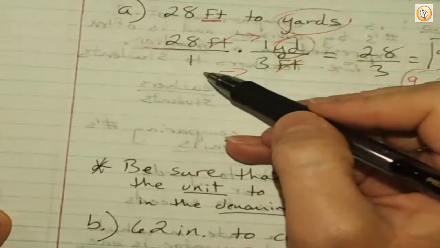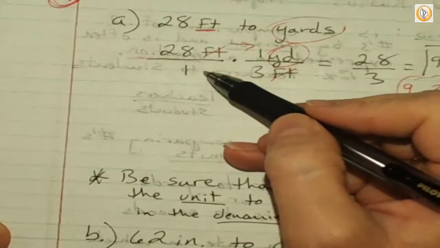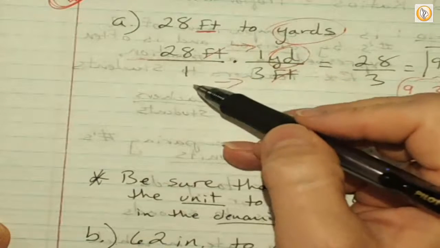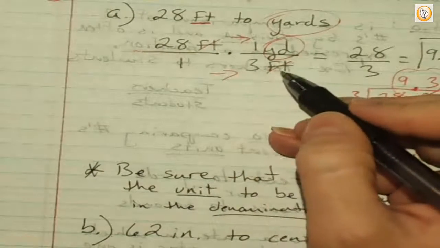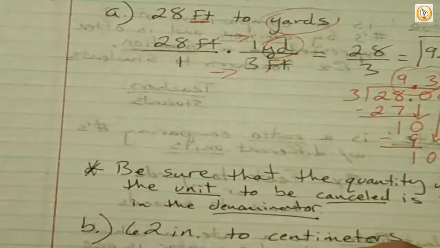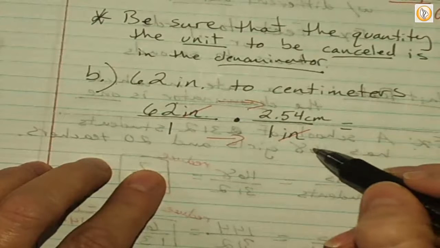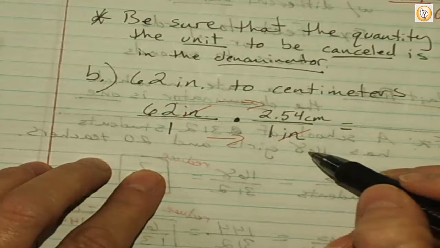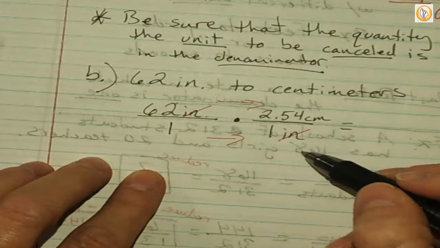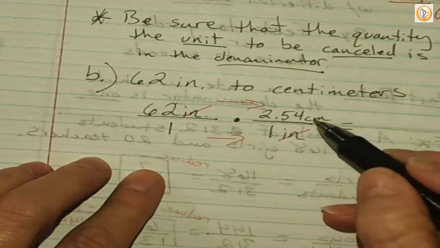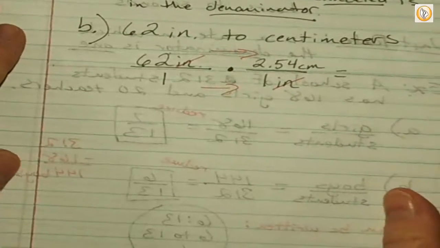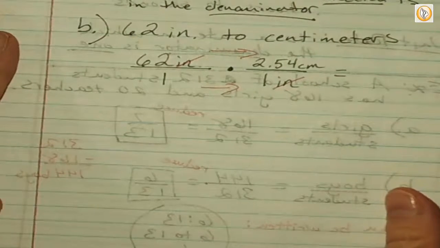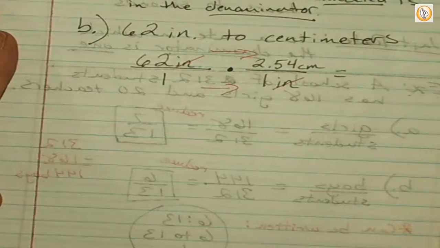And whatever goes down here is going to be whatever the label is. And how would you have gotten the 2.54? Well, that's just stuff that we're supposed to already know. But I believe it's in the back of your book.